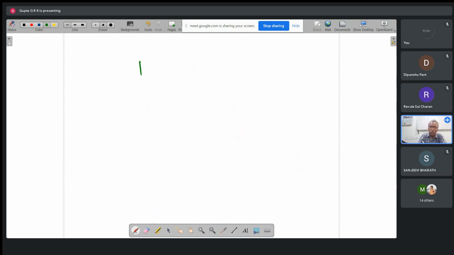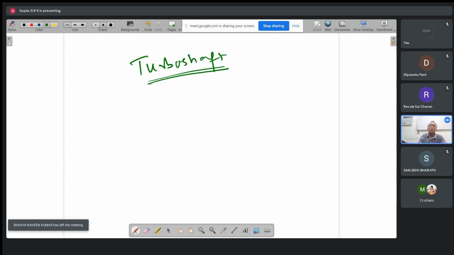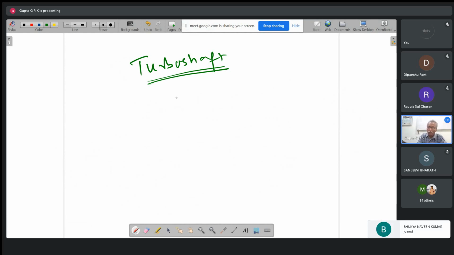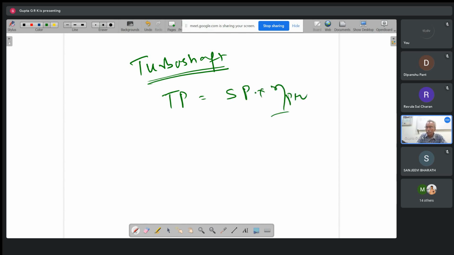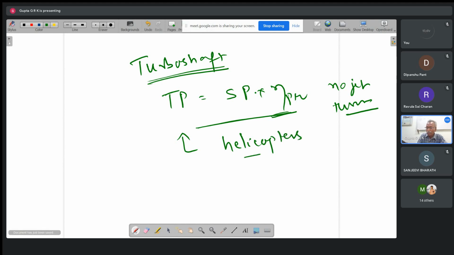And another thing is called turbo shaft. So here there will not be any jet thrust used. There is only propeller thrust. Thrust power is only shaft power into propeller efficiency. No jet thrust. Do you know where it is used? This is used in helicopters.